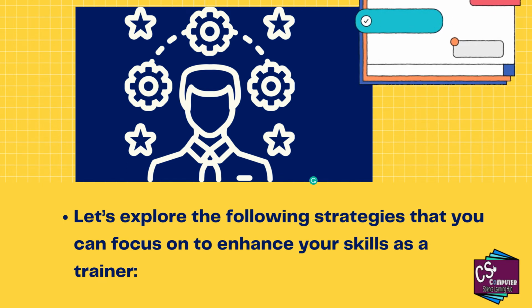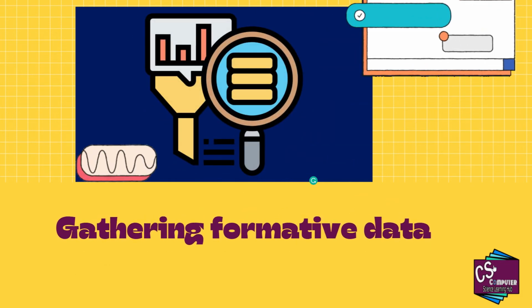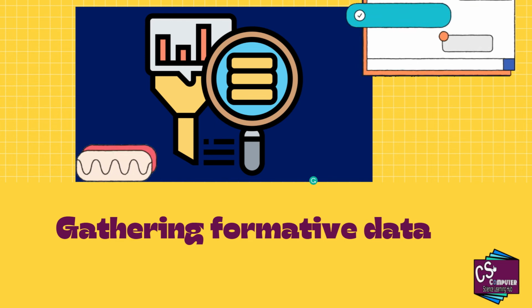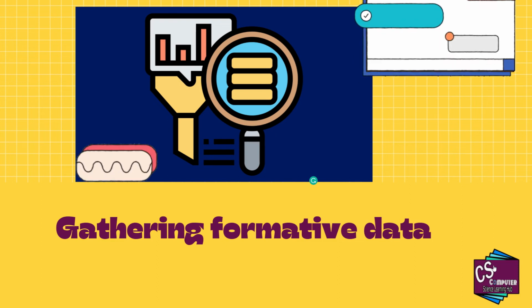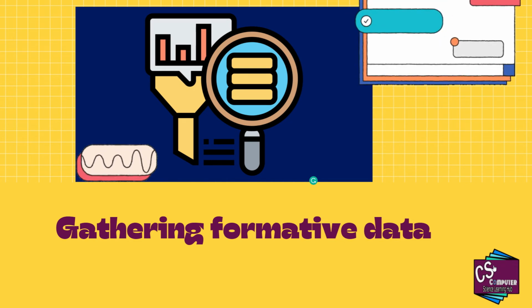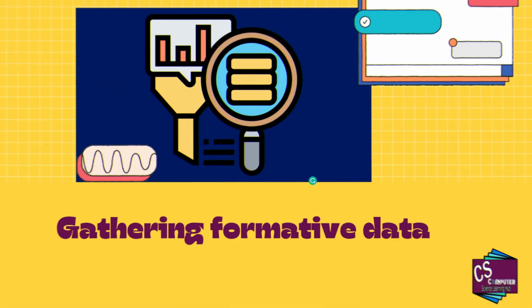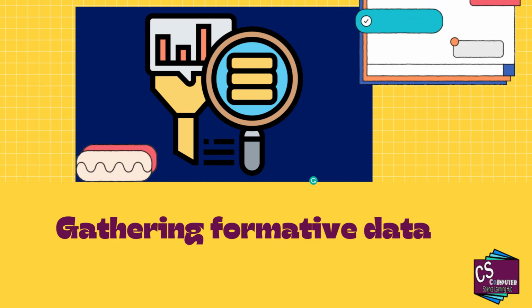The first strategy is gathering formative data. There are many digital tools that can help you pose questions and check for understanding. Some of these tools, for example, let you create interactive games, like Kahoot, Peardeck, and Nearpod. Another example is platforms that help you make polls and gather information from the students, like Plickers, or you can even use Google Forms.